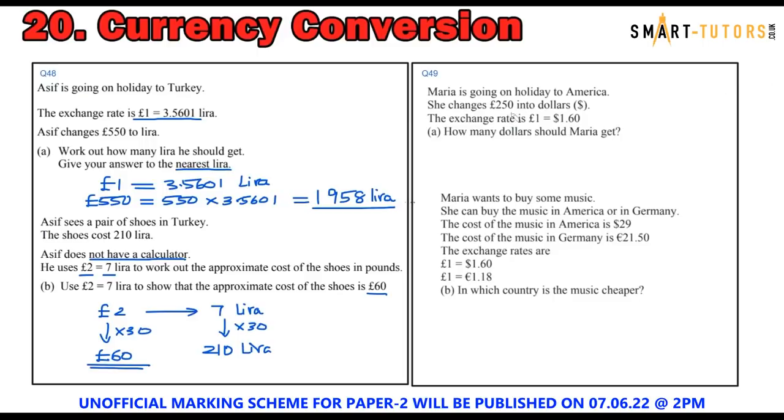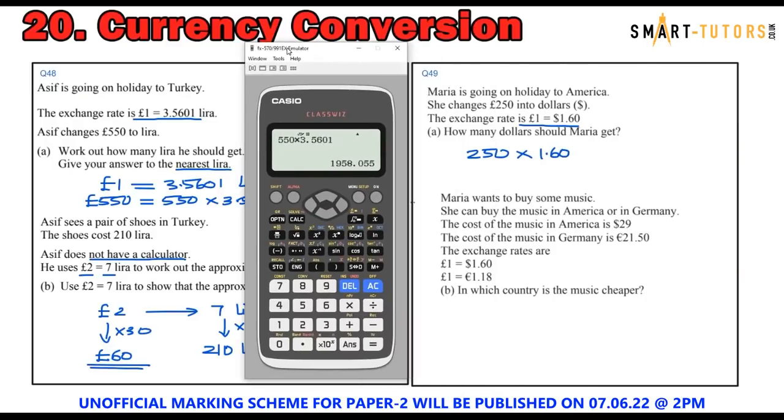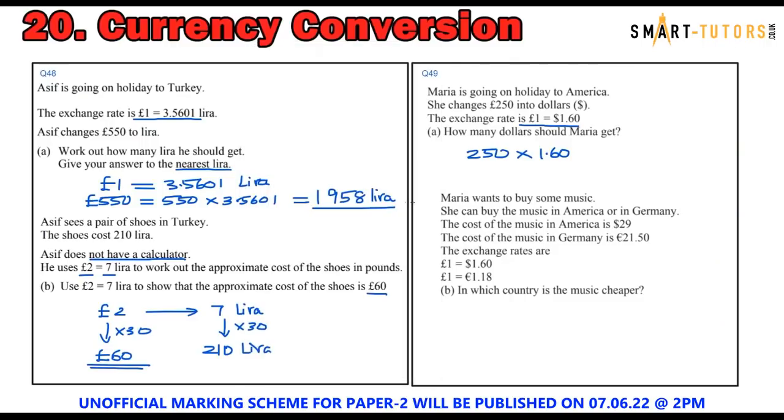Maria is going on holiday to America. She changes £250 into dollars. The exchange rate is given. How many dollars should Maria get? So 250 pounds, you're changing to dollars, so times by 1.6. Again, it is a calculator question. So 250 times 1.6, that answer is 400 American dollars.